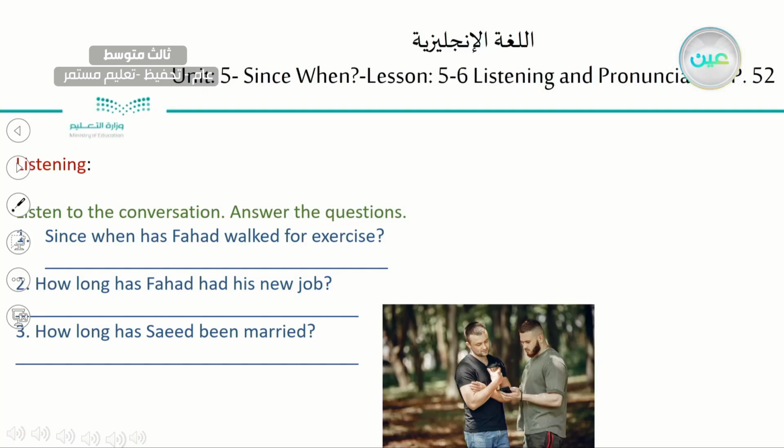Fahad is walking in the park, and he meets a friend, Saeed. Hi, Fahad. You're looking good. Do you work out every day? Yes, I have changed my lifestyle completely. Since I had my heart problem, I've walked every morning, I've eaten healthier food, and I haven't stayed out late at night the way I used to. And I've stopped smoking. I've tried to have a healthier lifestyle. And are you still working in the airport control tower?